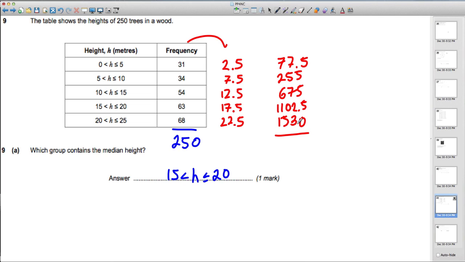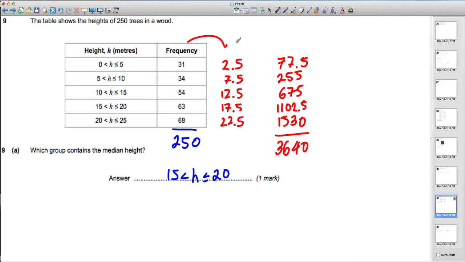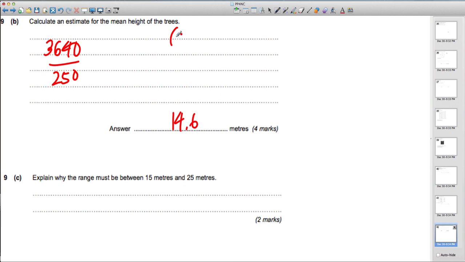If you add these up, you get a total of 3640. So an estimate of the mean, therefore, is 3640 divided by 250. And you get yourself 14.6 meters. Do show all your working, see table.